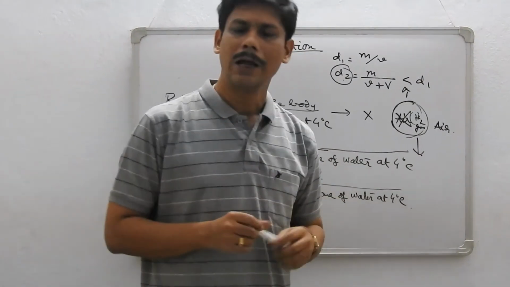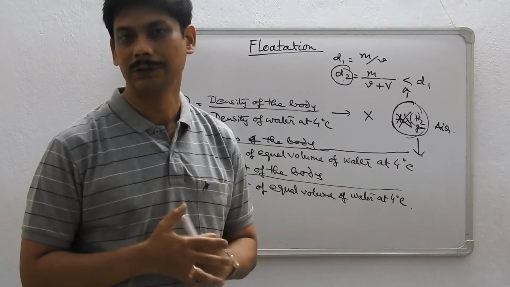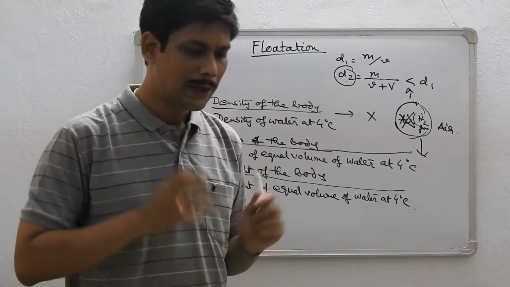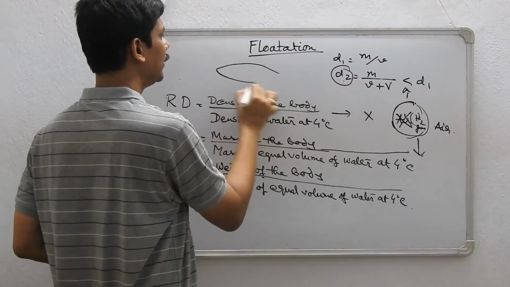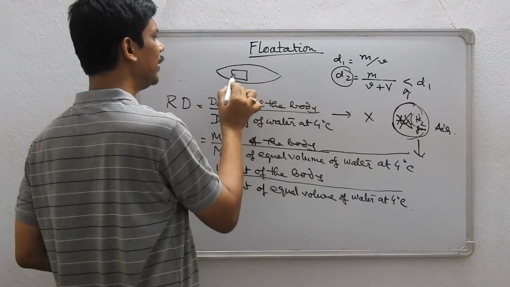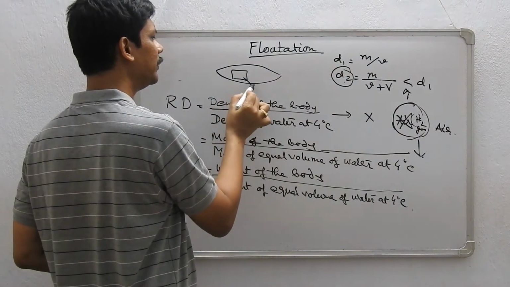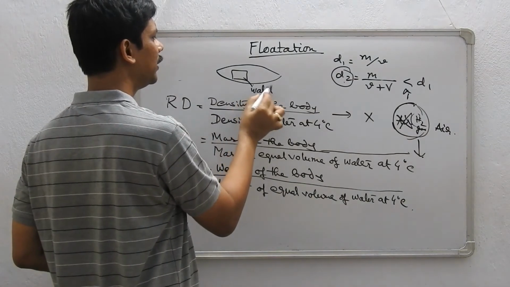I'll give you one more example. Submarines can float up and they can sink. Actually, what happens inside the submarine? There are huge ballast tanks where you can pump in water or drain out water.